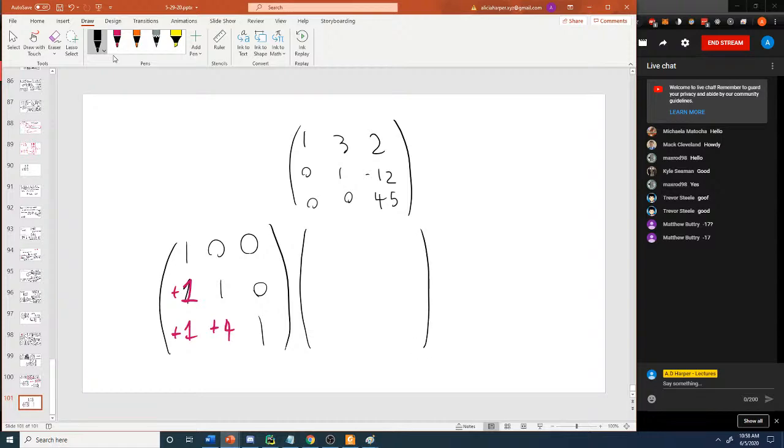And if I multiply this column with this row, I get 1, this column with this row, I get 1, this column with this row, I get 1. This column with this row, I get 3. This column with this row, I get 4. This column with this row, I get 7. This column with this row, I get 2. This column with this row, I get positive 2 minus 12, so negative 10.